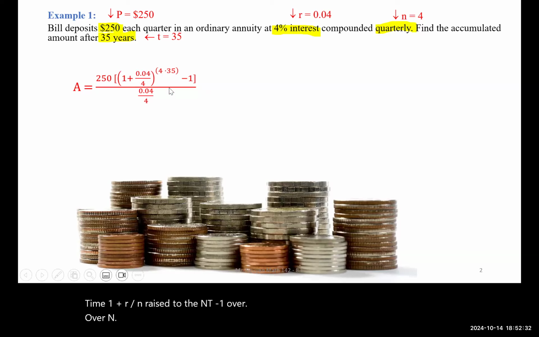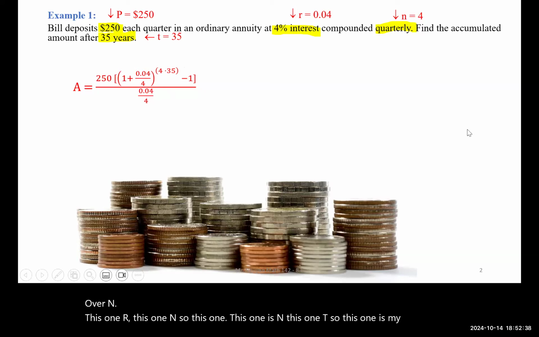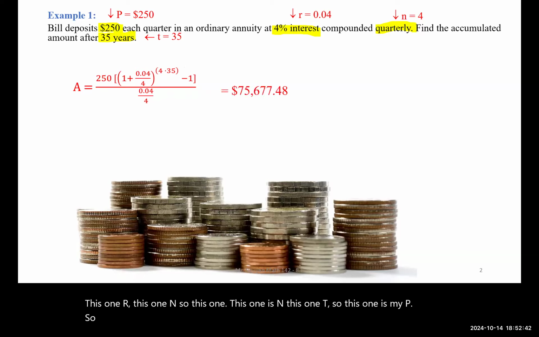This one is r, this one is n, this one is t, and this one is my P. So after 30 years, his bank account has $75,676.48.